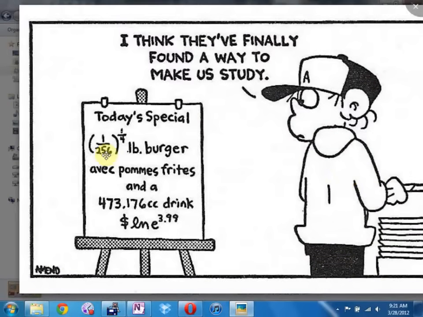Today's special, 1 over 256 to the 1/4 power, a 1/4 pound burger. Oh, does that work out to a half pound or a 1/4 pound? I have to think about it. Avec pomme frites and a 473.176 cc drink. Price, $3.99.